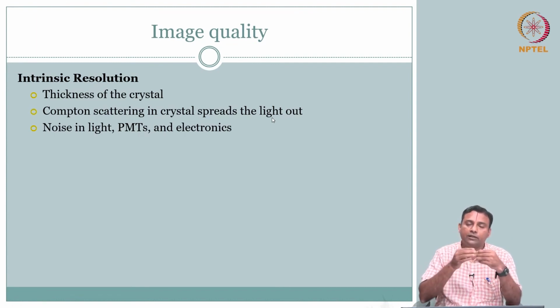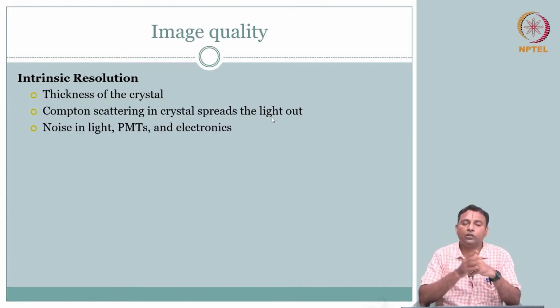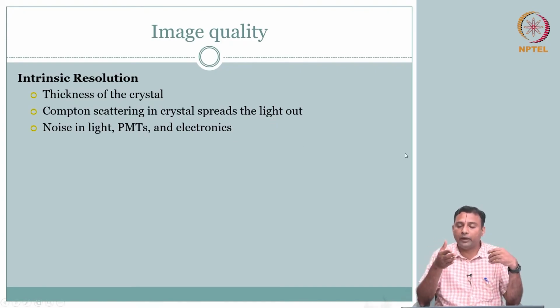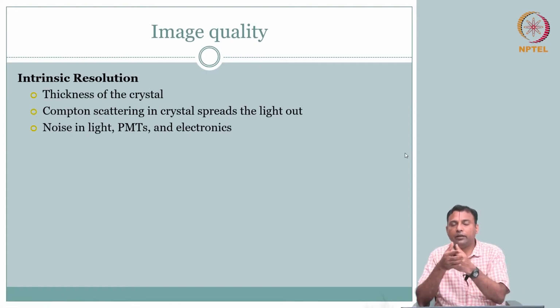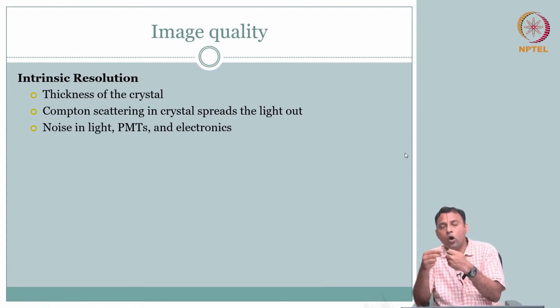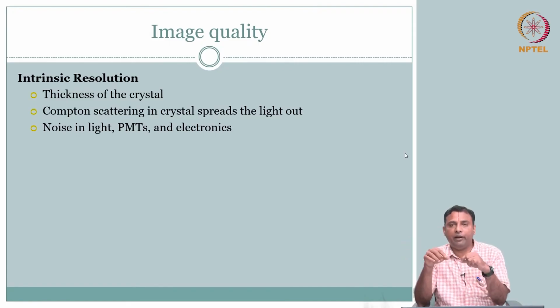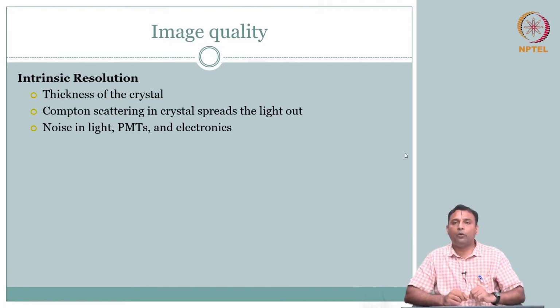So it goes into the crystal, interaction there, some amount is gone. You could also have noise. So what you get hit on the photomultiplier tube output signal is located, if it is a frame, at the pixel x comma y comma z.